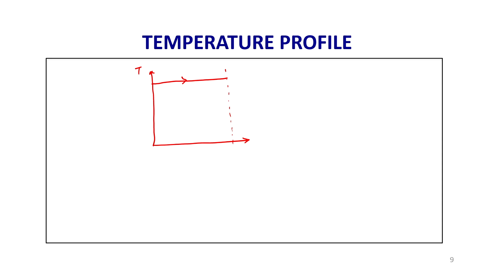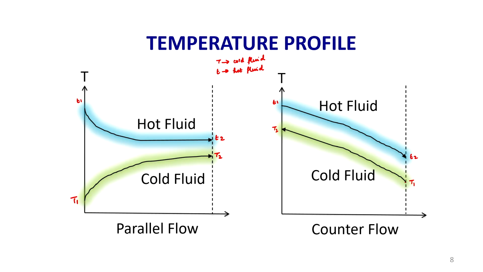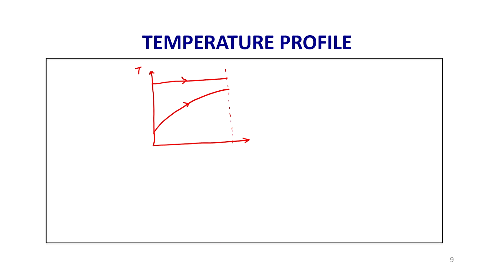Suppose, so this will be the temperature profile. Let us use the same cold fluid as capital T. So, this will be T1, this is T2, because the cold fluid is heated, it picks up the heat during the condensation process, whereas this one will be T1 is equal to T2.